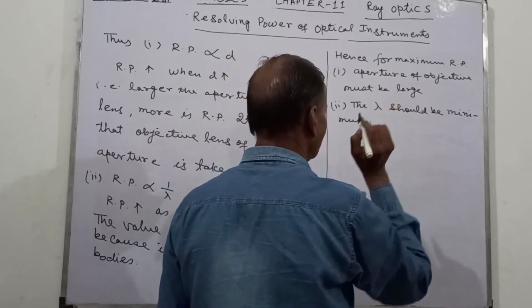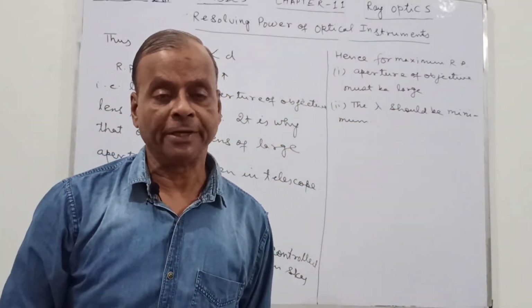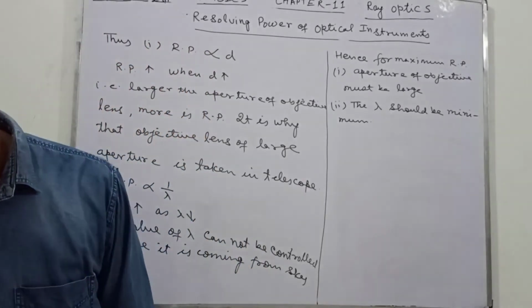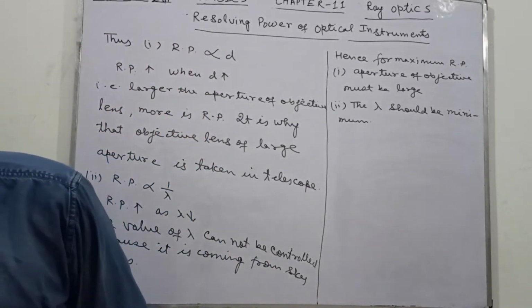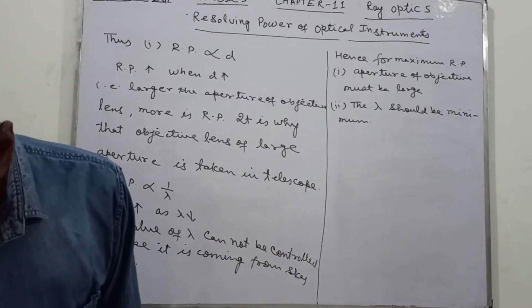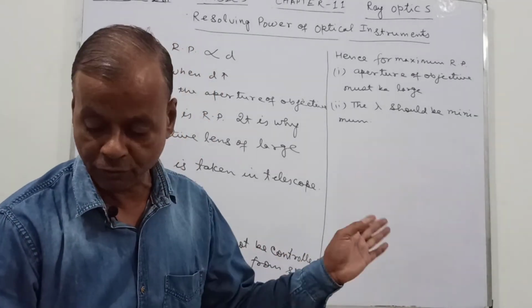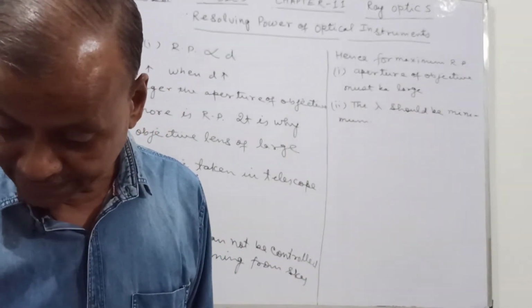So this is the resolving power of the telescope. Now we can have a relation: RP1 upon RP2 equals lambda 2 upon lambda 1.